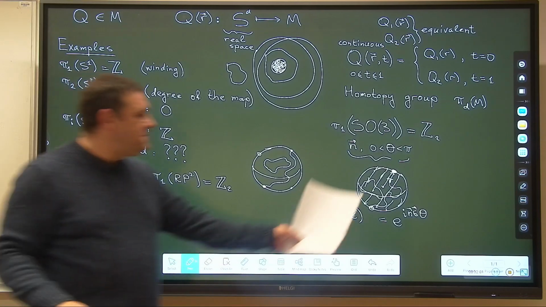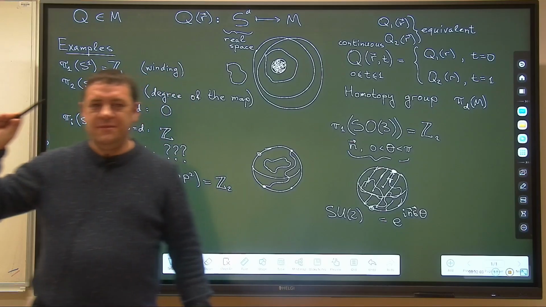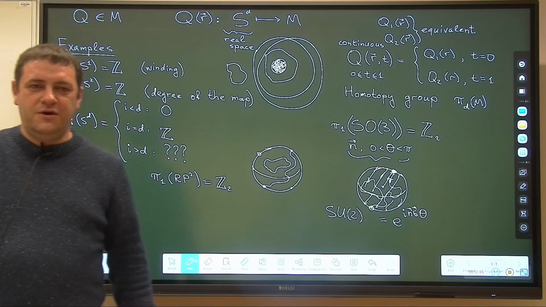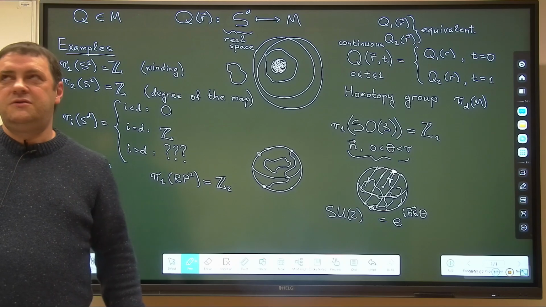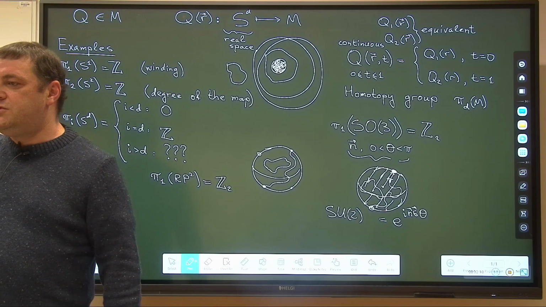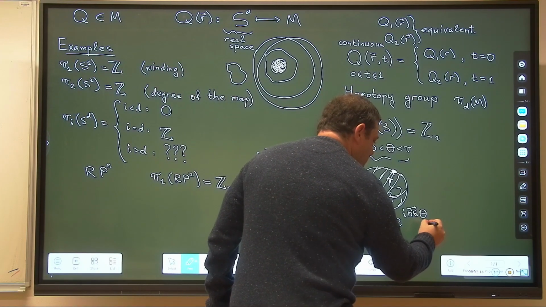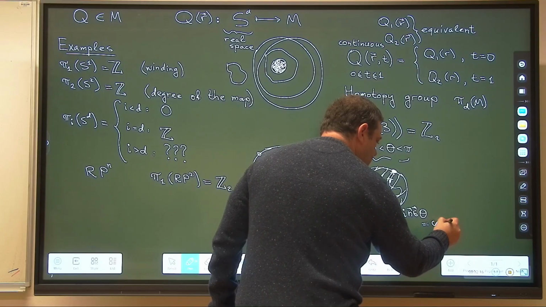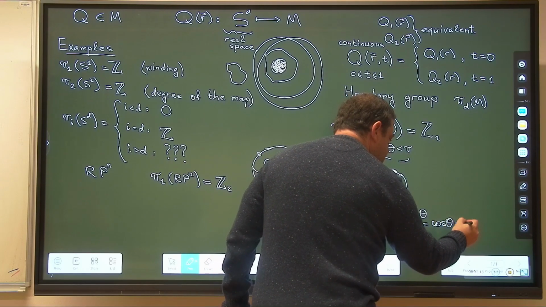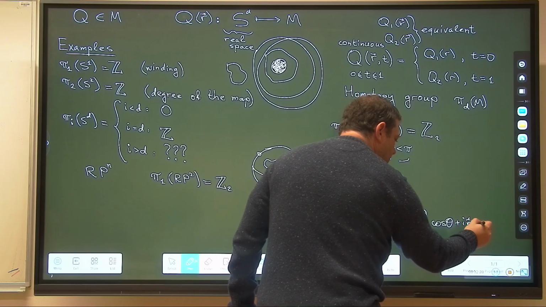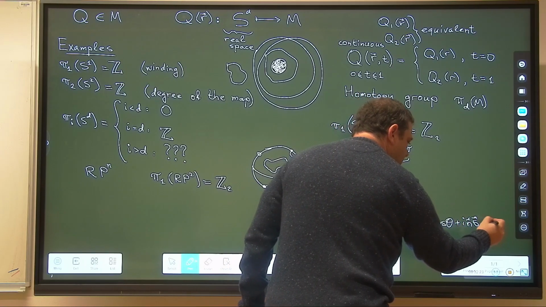This is almost the same as SO3. It's a rotation along the axis n by the angle theta, but in some spin space, the two component things. Actually, we can write this explicitly. It's cosine theta plus i n sigma sine theta.